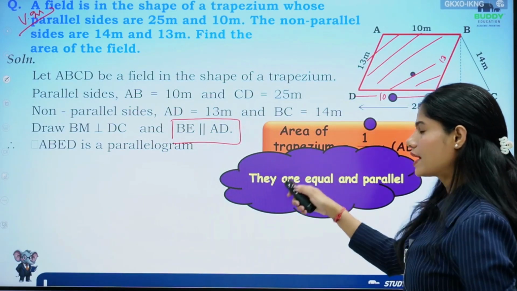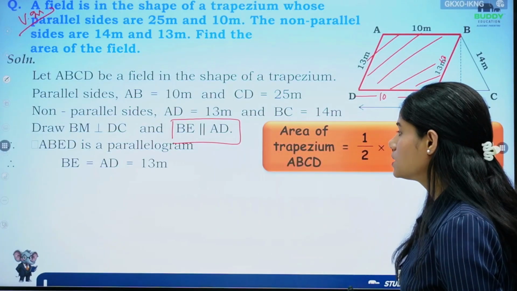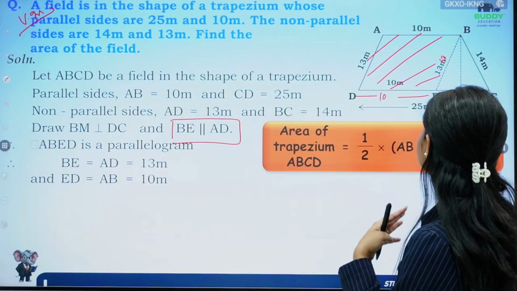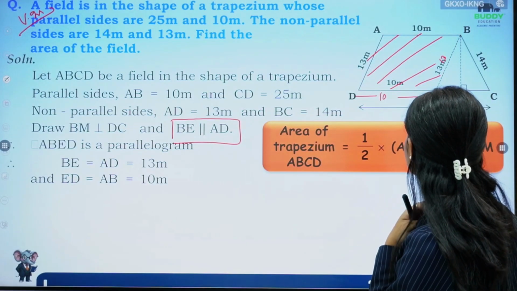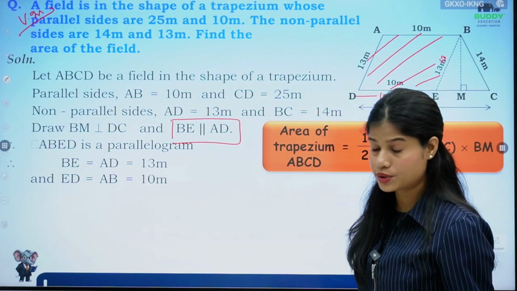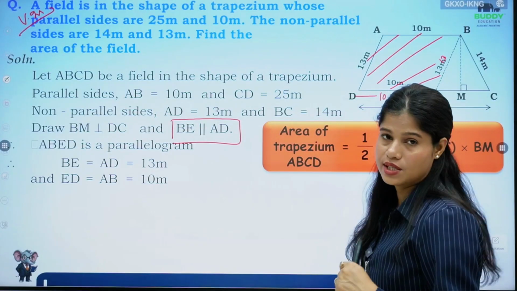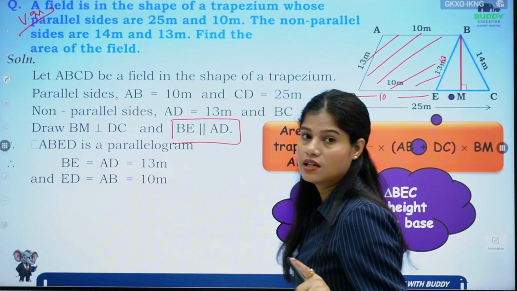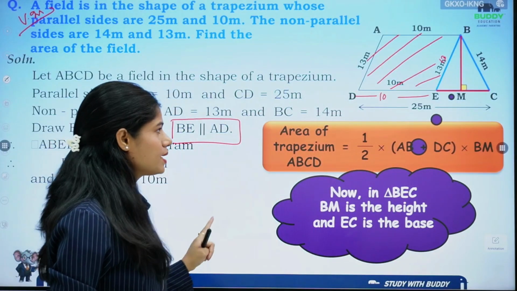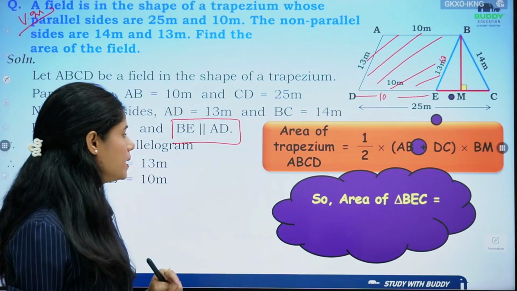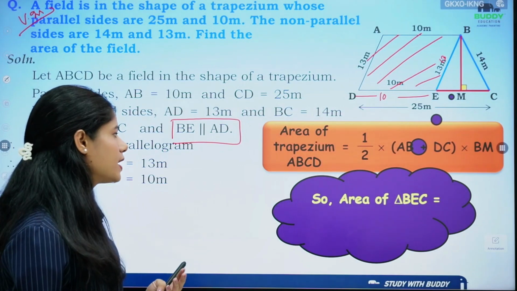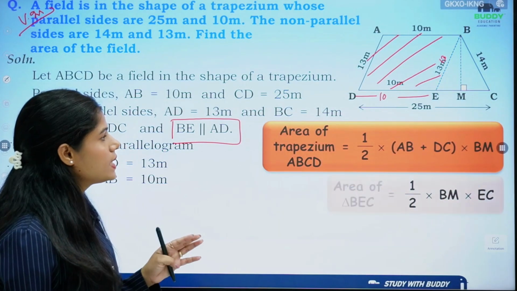Okay, so we write a few pieces of information first. BE is equal to AD, which is 13, and ED is equal to AB, which is 10 meters. Now in triangle BEC, BM is the height and EC is the base. We are going to find the area of triangle BEC.